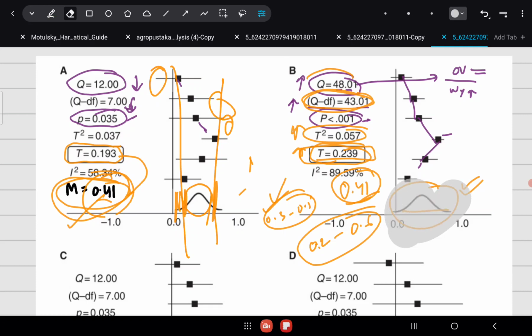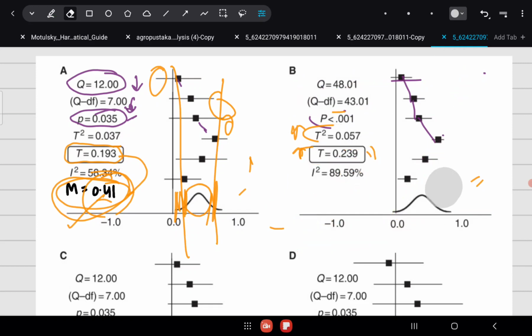But in B, the 95% CI is accounting for literally all the dispersion. Can you see that most of the dispersion is due to the true effect size only? This is what is being shown by the I-square statistic also as a numerical value.